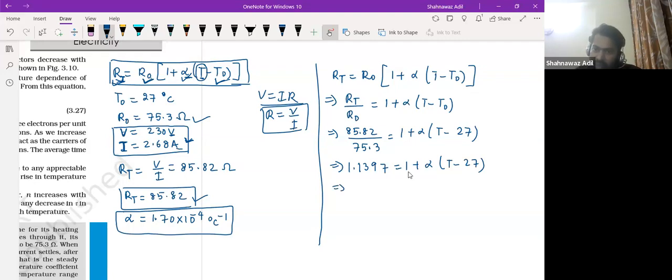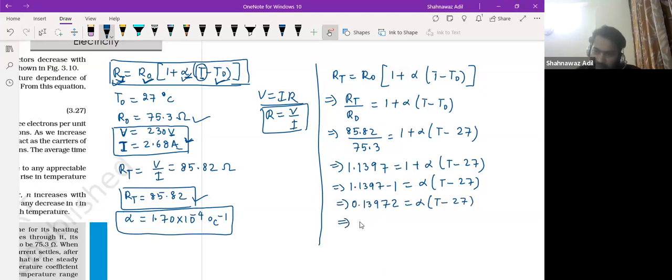So this would be how much? 1.1397 minus 1 would be alpha (T minus 27). This is 0.1397 equals alpha (T minus 27).